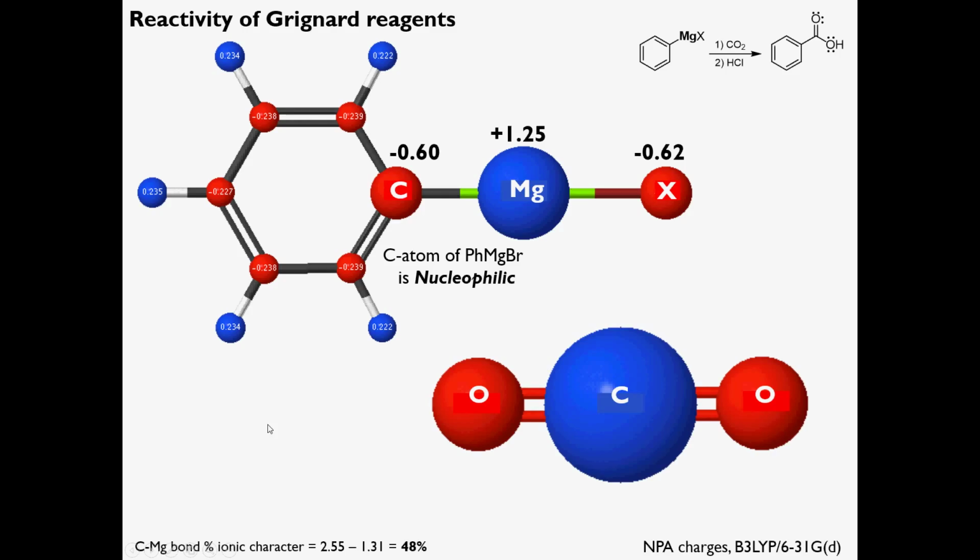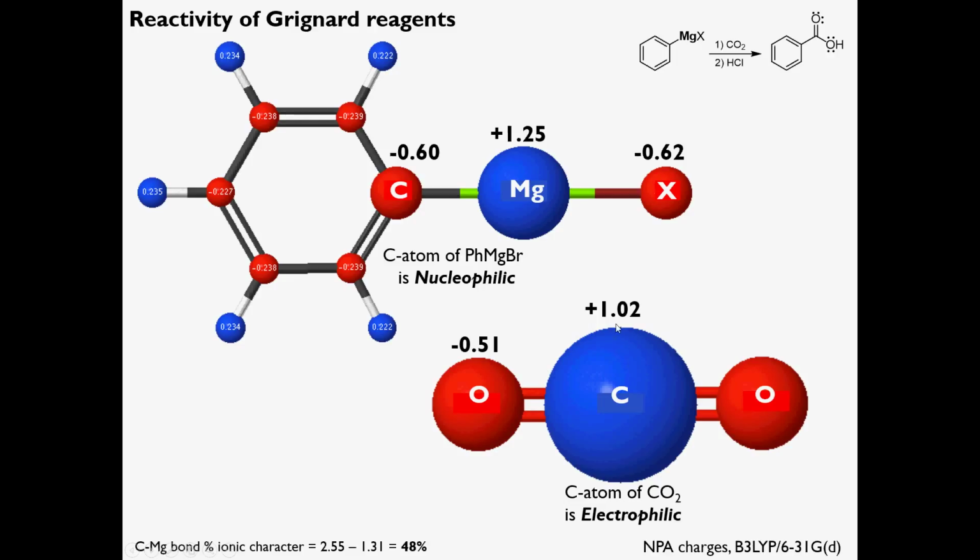And if we do the same NPA charge calculation on carbon dioxide, we see that the carbon atom of carbon dioxide is highly positively charged. This oxygen has about half a unit of negative charge, and so does this one. I haven't displayed it, but it certainly has equivalent charge to this oxygen. So whether it's an electrophile or a nucleophile, this carbon is clearly an electrophile because it bears almost a full positive charge.